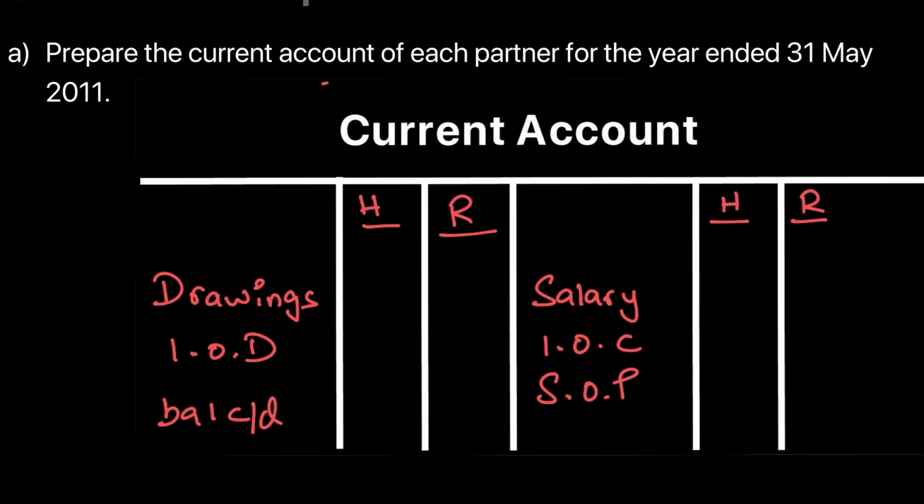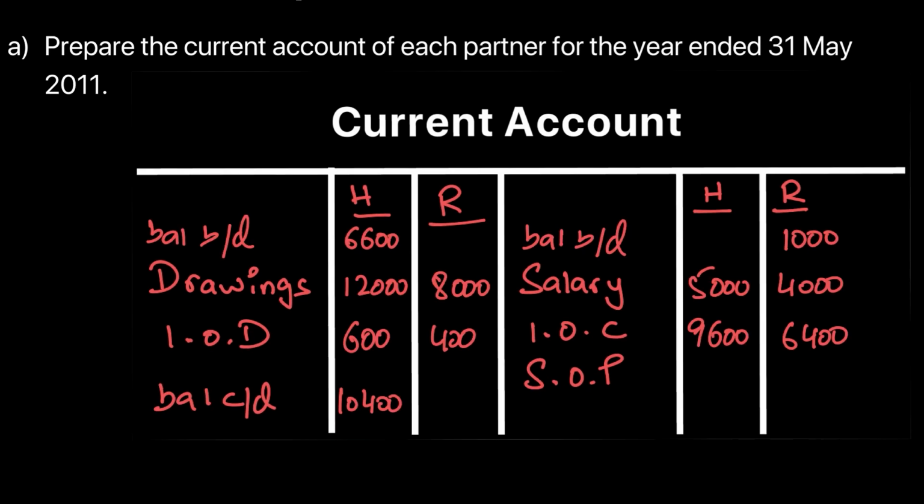So let me enter all the information that is available for the current account. Okay, so now I've written down all the information for you. Remember, they stated earlier that Henry has a debit current account balance. I've written it on the debit side. Robin has a credit current account balance of 1,000, which I've written down on the credit side. Now, what did the partners get? First thing we saw in the agreement, they both were getting a salary.